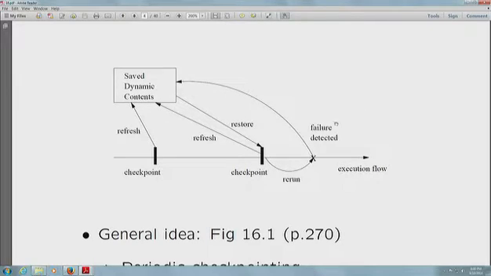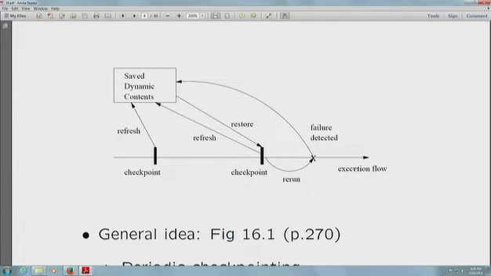Okay, so basically here, periodically during the normal execution flow, you establish a checkpoint or recovery point. Okay, and then you continue. Get another checkpoint, get another checkpoint, get another checkpoint or recovery point.